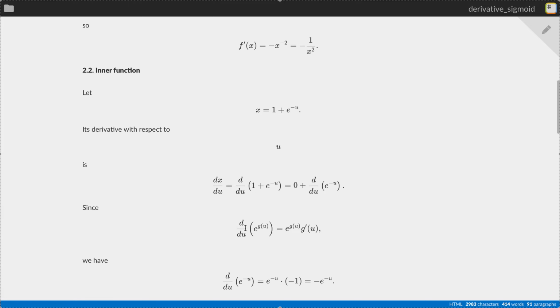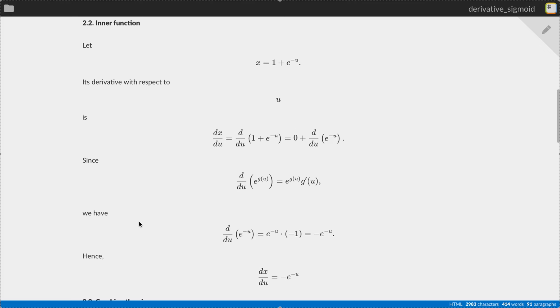And since we know this rule in calculus, when we differentiate e to the negative u, it's going to be equal to e to the negative u times negative 1, because the derivative of negative u is simply negative 1. And so when we differentiate e to the negative u, we get negative e to the negative u.